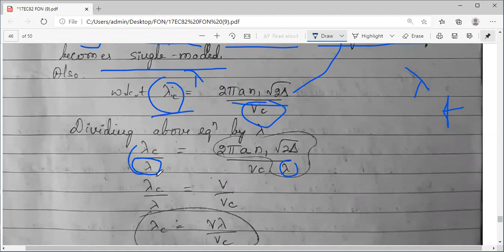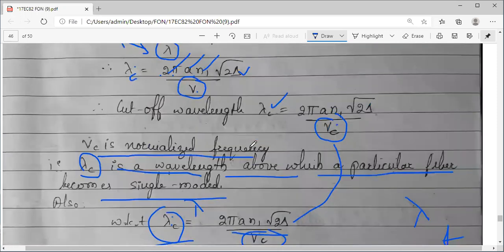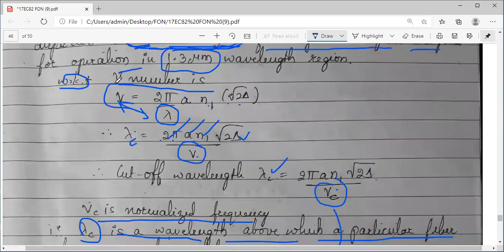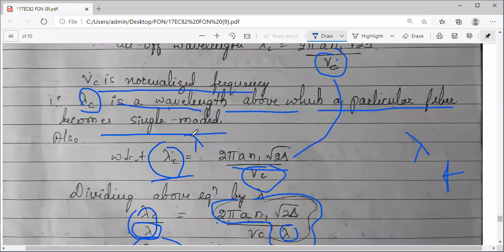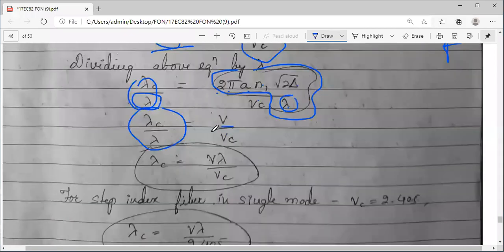The left hand side I have written as it is. On the right side, club all these things together. What is it? 2 pi a by lambda, n1 root 2 delta. It is nothing but your equation for V, right? The V number equation, normalized frequency. So I've substituted that as V. So what is the relationship you get?